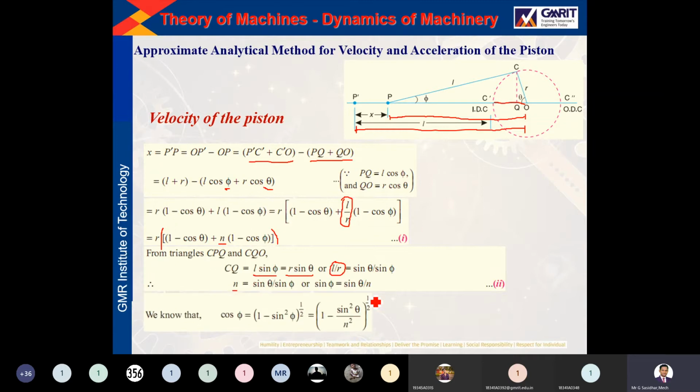And once again remember the trigonometry formula: sin square theta plus cos square theta equal to 1. In that, sin square theta equal to 1 minus cos square theta, or cos square theta equal to 1 minus sin square theta.